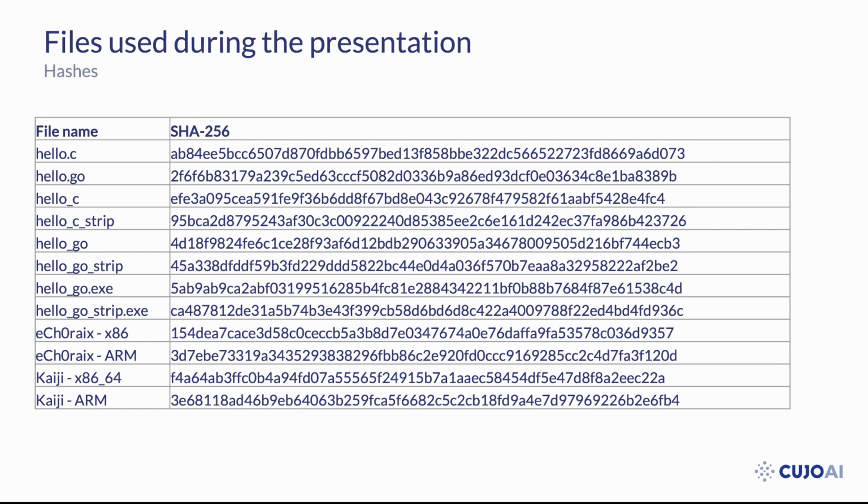And here you can find the list of the files that we used during our research and our presentation. We will upload these Hello World examples to our GitHub repository. So if you would like to follow the different steps or experiment with the scripts, then you can use the same files, and that can help in understanding how this whole string recovery or function name recovery is built up.